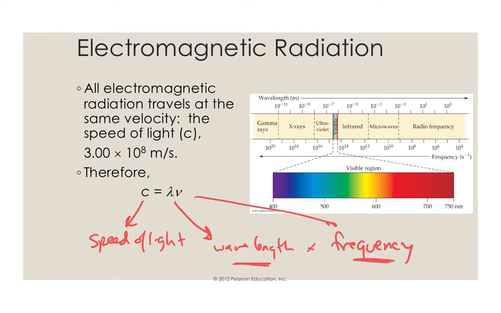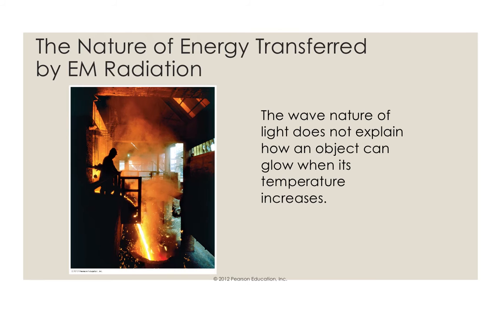And so you end up with the speed of light equaling distance over time, which is how we get speed. So this is an equation that we can use to calculate the speed of light, the wavelength of electromagnetic radiation, or the frequency of electromagnetic radiation. All right, so that's what happens when we think of light as a wave.